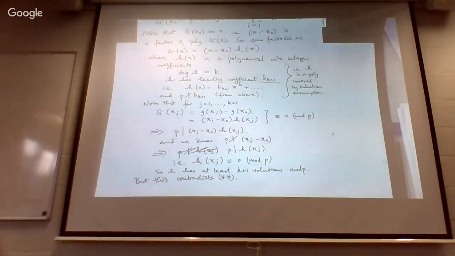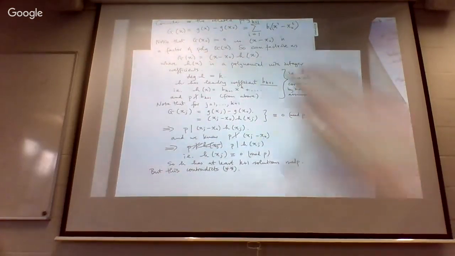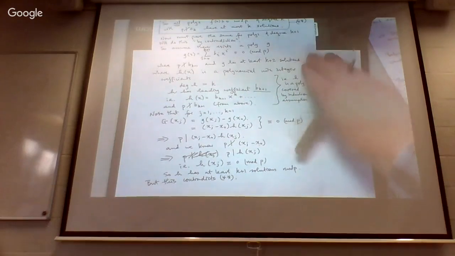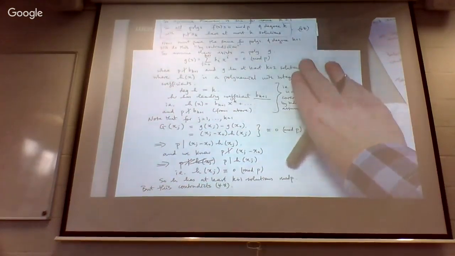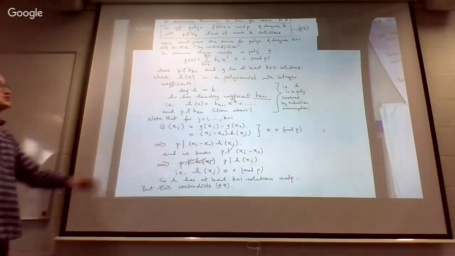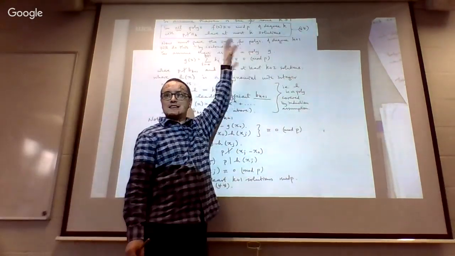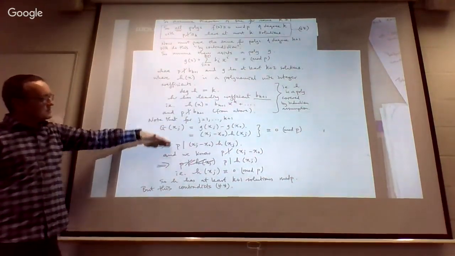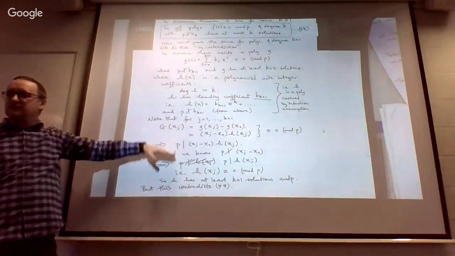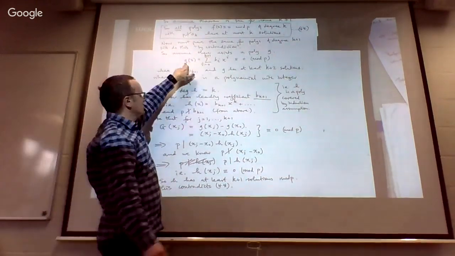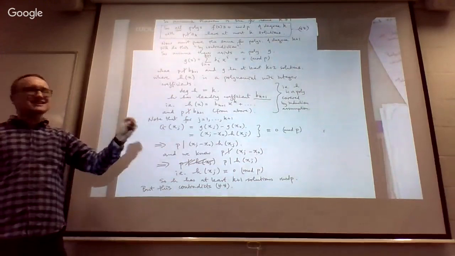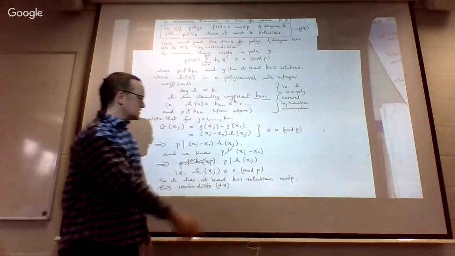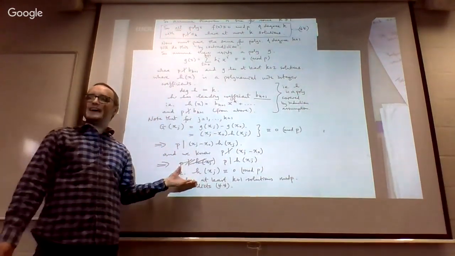Now, you have to stand back and look at the logic of what we've shown. We showed that if we assumed there was a bad polynomial at degree k plus 1 level, all this argument about this h is perfectly fine, flowing from this assumption that there exists this little g. So if there exists a bad polynomial at degree k plus 1, we've shown that there must exist a bad polynomial at degree k.